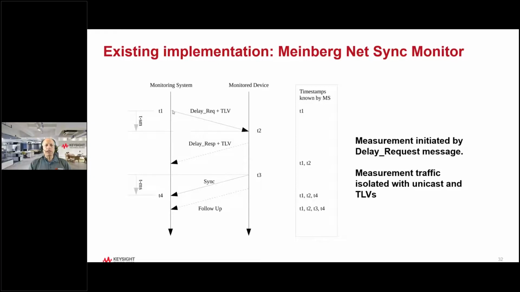Essentially, the delay response is going to give the T1 and T2 times, and then the sync and follow-up will provide the T3 and the T4, and the TLV will carry the PTP time of the T2 message. And this gives essentially the complete information that's needed.